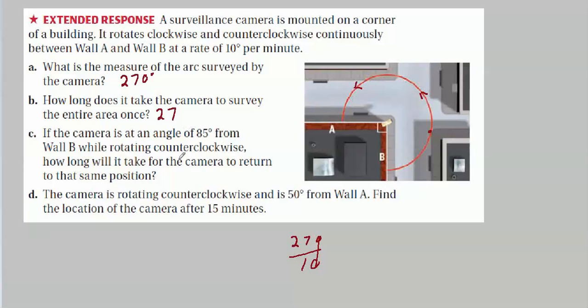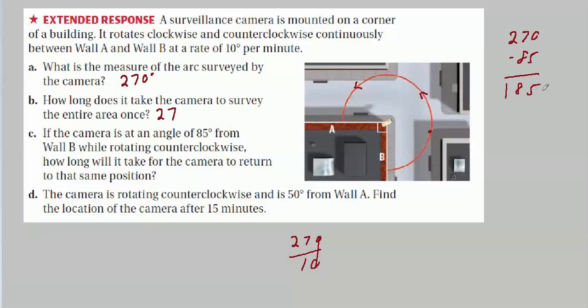How long will it take for the camera to return to the same position? Well, that's going to be one cycle. And it seems to me, let's take a look and see what happens. This is 85 degrees, so what it has left to subtend here is 270 minus 85. That's 185.